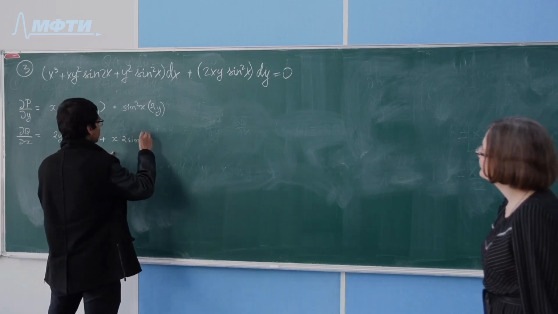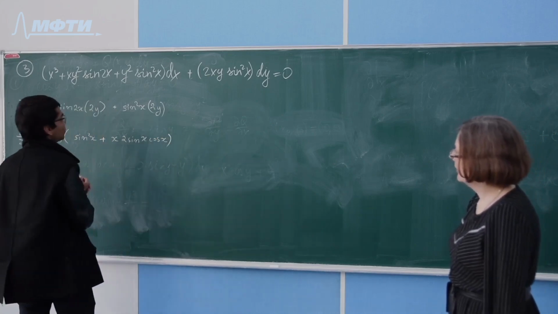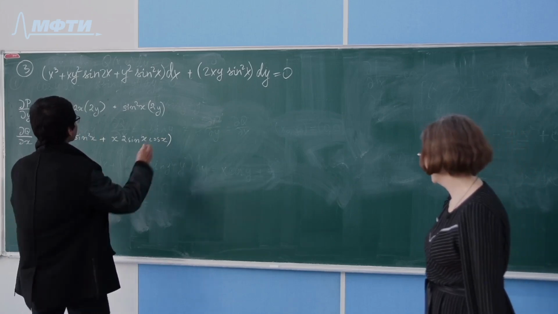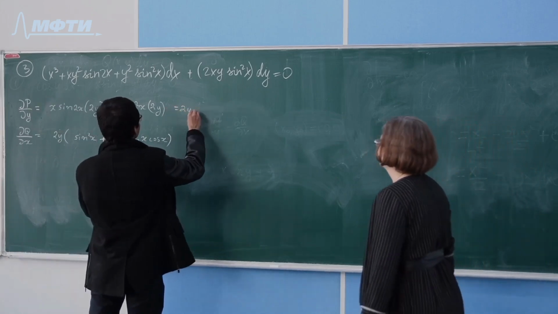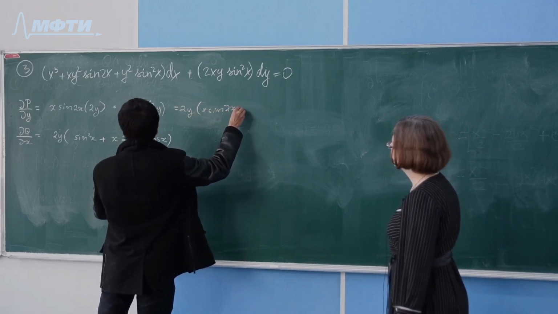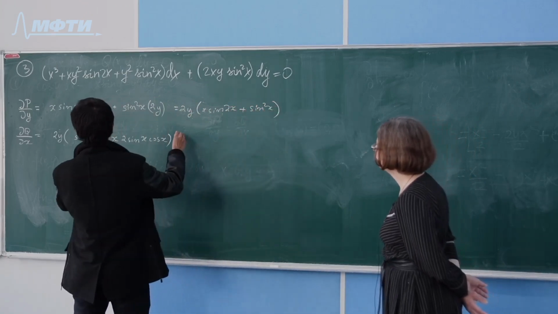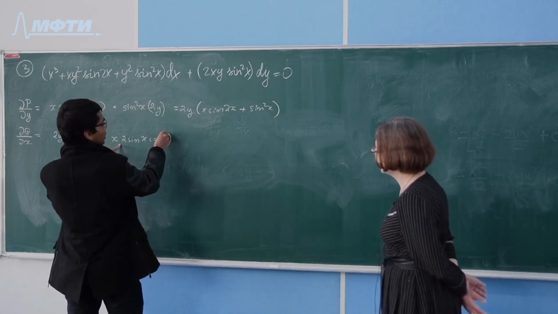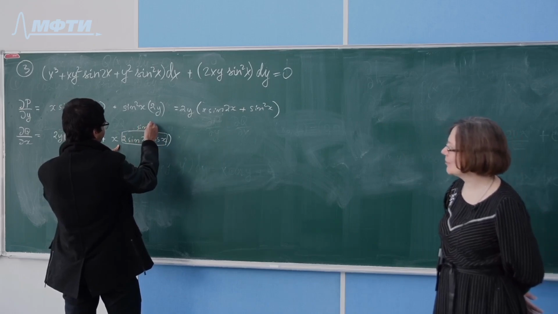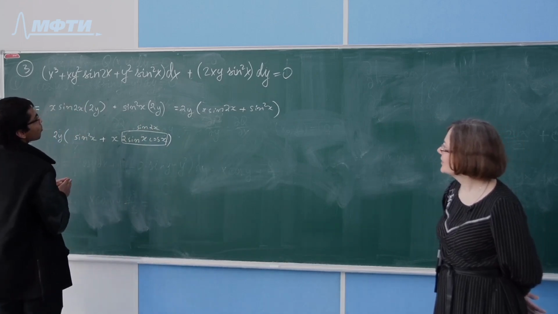Correct. Now let's compare. Yes. Right. So this is the formula for the sine 2x. Double angle. So I can integrate. Right, integrate.